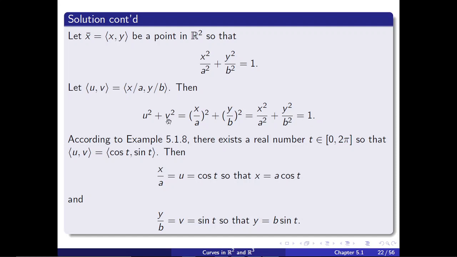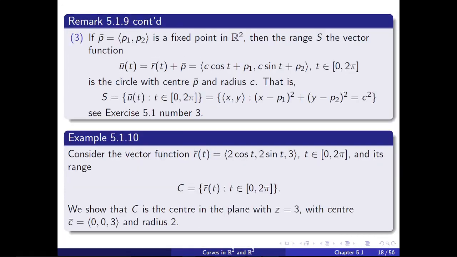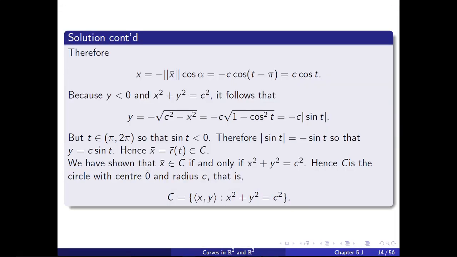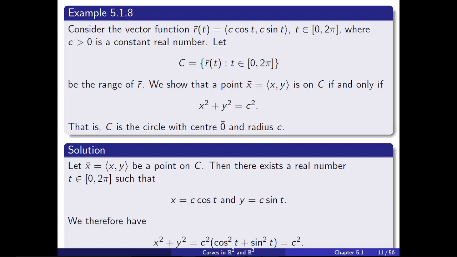So we know that, by the if and only if statement that we did in example 5.1.8, (u, v) should also be (cos t, sin t). This will be 1 cos t, 1 sin t, where the 1 is the radius, right? Maybe let's just go back and see what we are talking about.